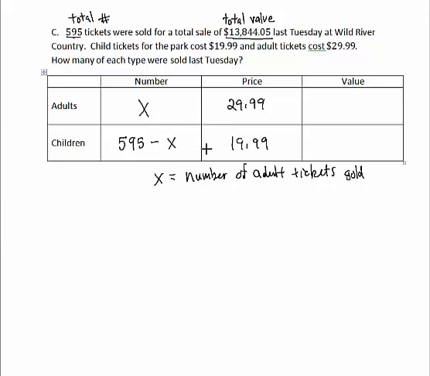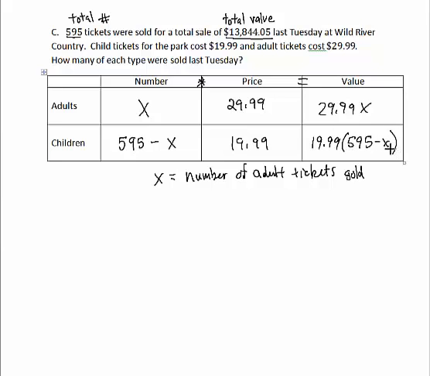We've got our 2 columns completed. Number is multiplied times the price, and that equals the value. So for adults we have $29.99x, and for children we have $19.99 times (595 minus x).